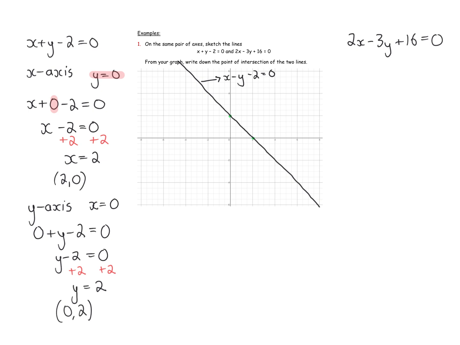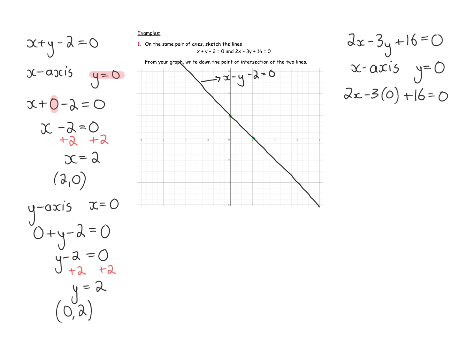So again, we need to figure out where it crosses the x-axis. When it crosses the x-axis, y is equal to 0. What I'm going to do then is replace y with 0. So this becomes 2x minus 3y, when y is 0, plus 16 is equal to 0.